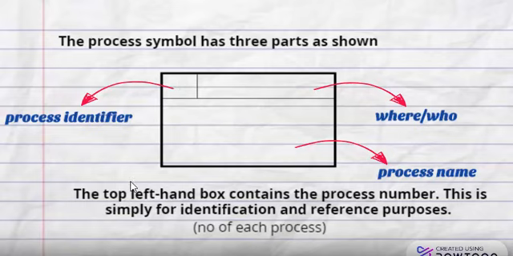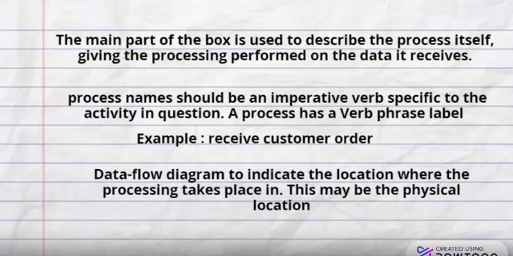This is a simple identifier for identification and reference purposes. The main part of the box is used to describe the process itself, giving the processing performed on the data it received.